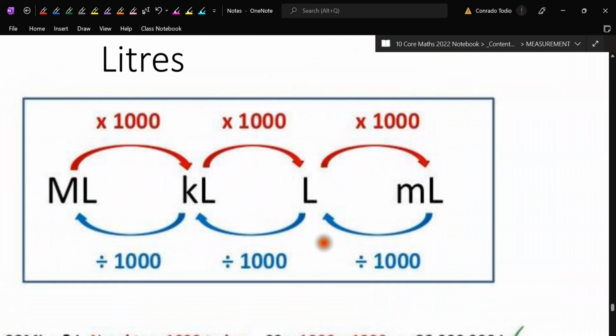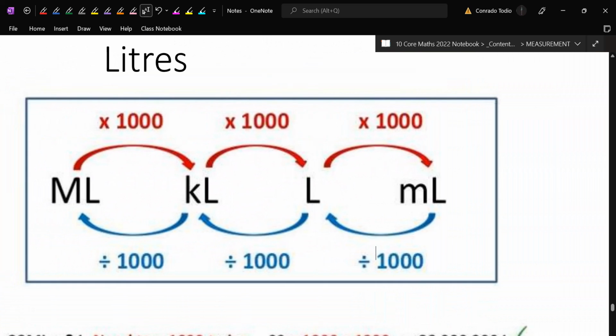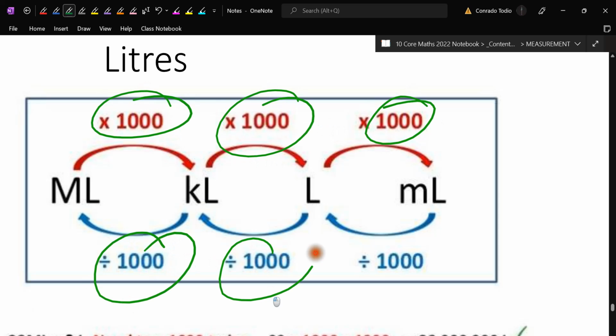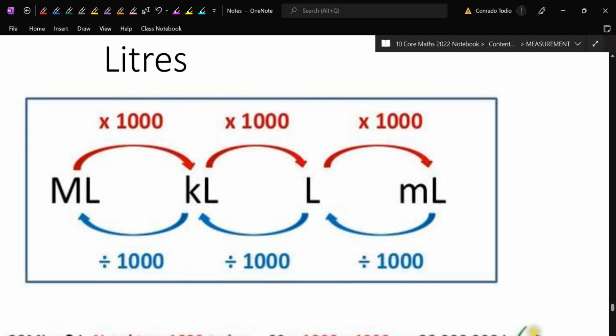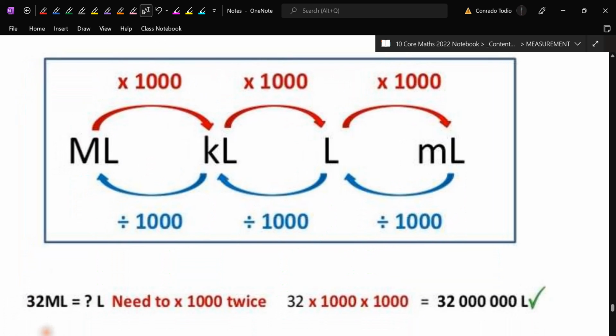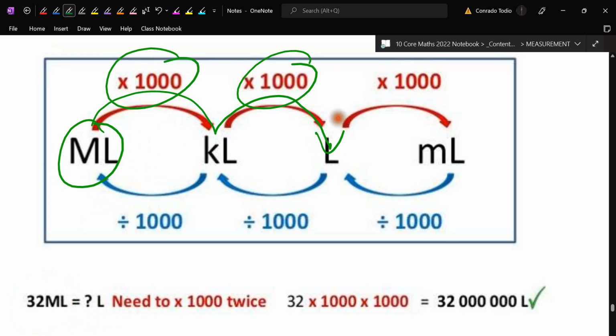But what you'll notice is these ones are a bit easier. You're actually only going to be multiplying or dividing by 1,000 each time. So it's not by 10, 100, or 1,000. It's just always 1,000 when it comes to volume. You're always converting by 1,000. So, for example, if I want to convert megaliters into liters, I am multiplying by 1,000 2 times.